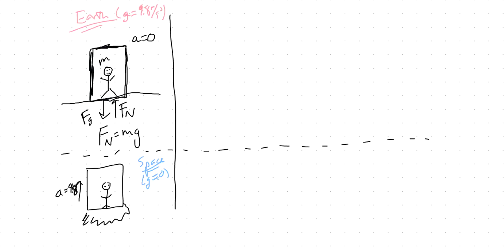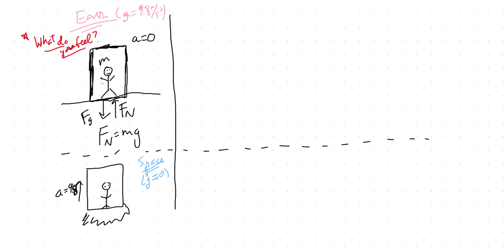In both of these cases, the general question is, what does the person feel? I'll use the pronoun you. What do you feel? Pretend this is you. I like that because you can kind of do a meditation right now of being on the Earth. Maybe you're in a room. Pretend you can't see outside. You can close your eyes if you want, and you realize you feel this pressure.